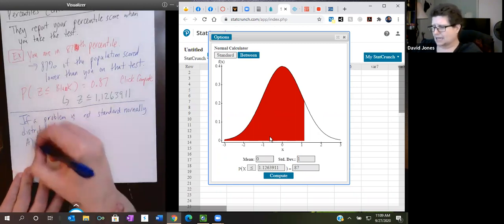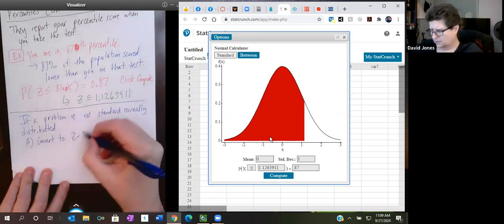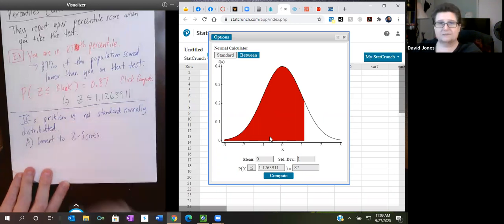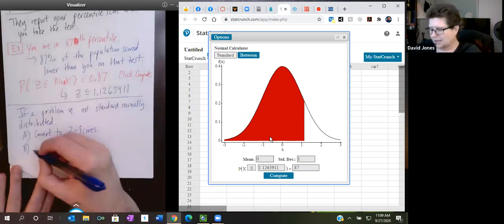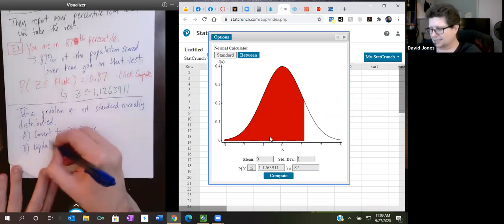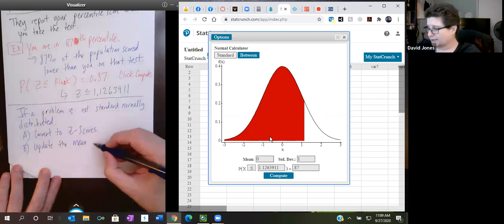We can A, convert to z-scores and use the default calculator. Or B, I think B is easier: update the mean and standard deviation in StatCrunch on the normal calculator.